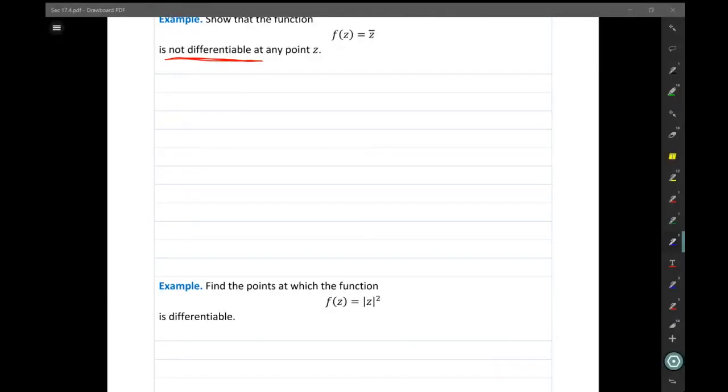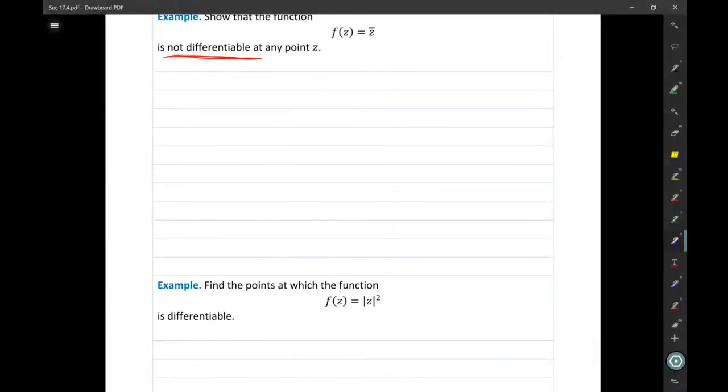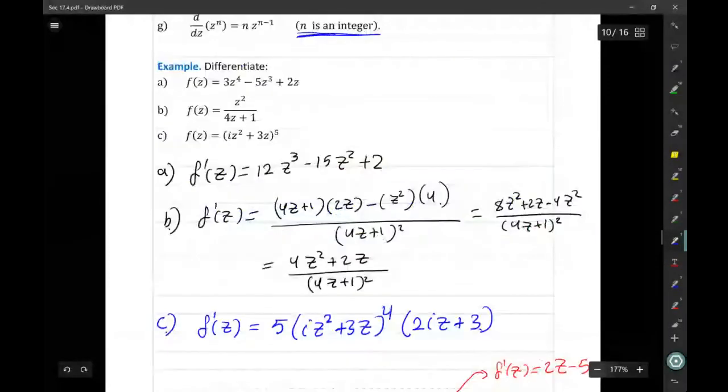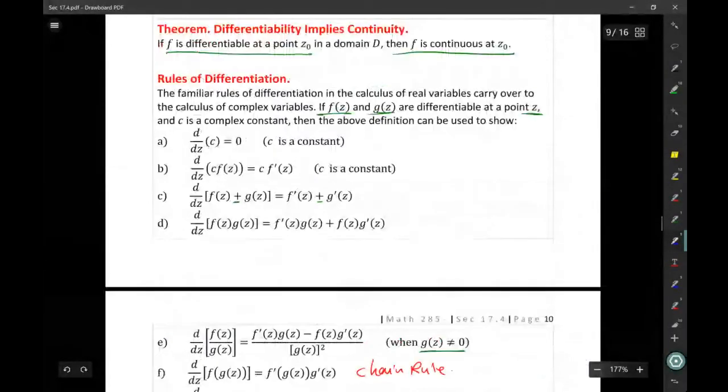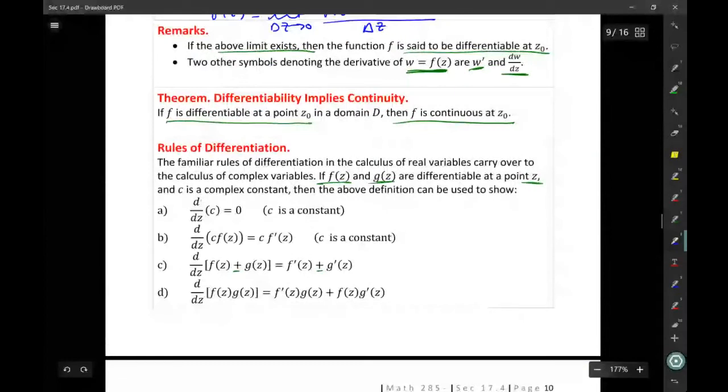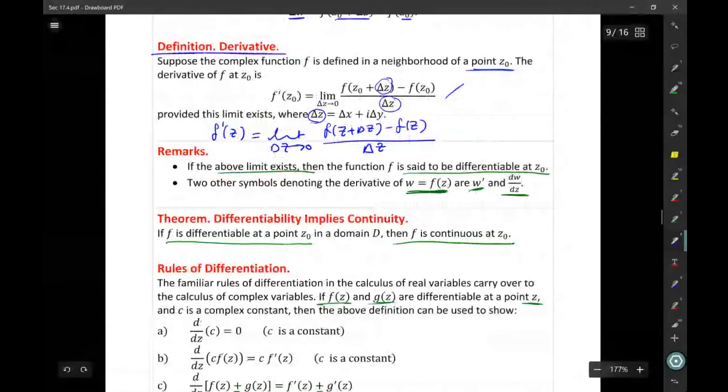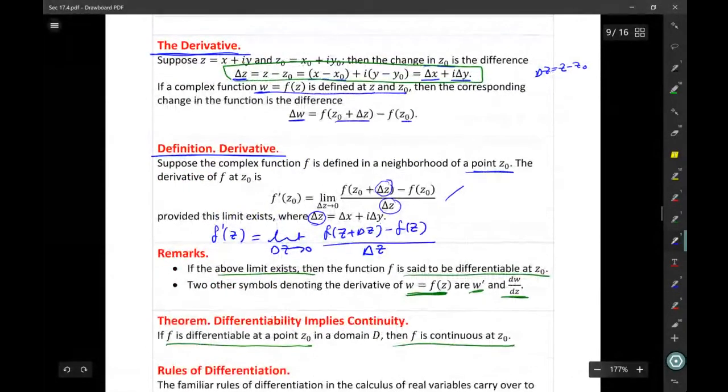Okay, let us start the class, and just make a quick review of what we have done in the previous class. The last part we did was how we can differentiate complex functions.